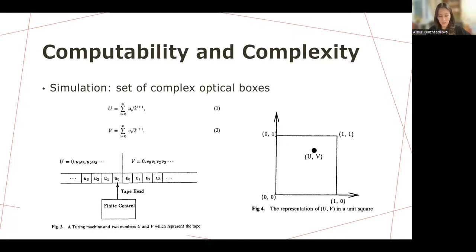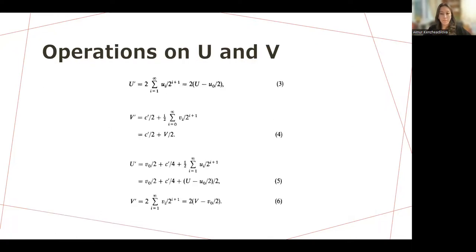Since these numbers are between 0 and 1, we can represent them lying in a unit square. Also, let's talk about the operations on U and V. As you can see here, the values of U and V can be shown like this after the transition.